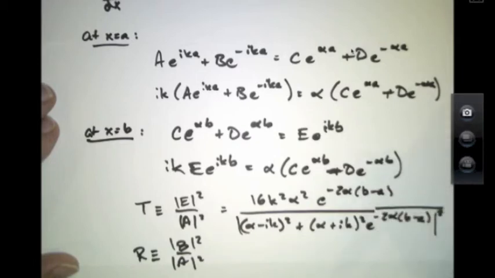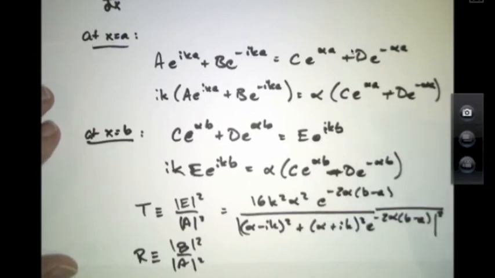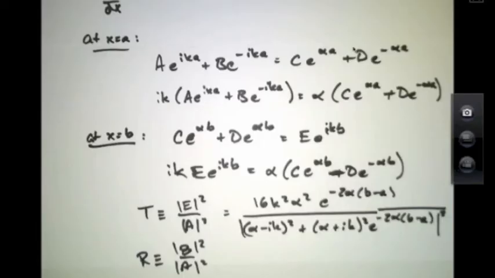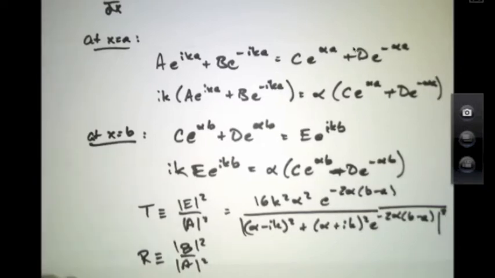And that happens whenever the potential energy goes up to be very large. So there are some conditions that can make this transmission go down quite drastically.